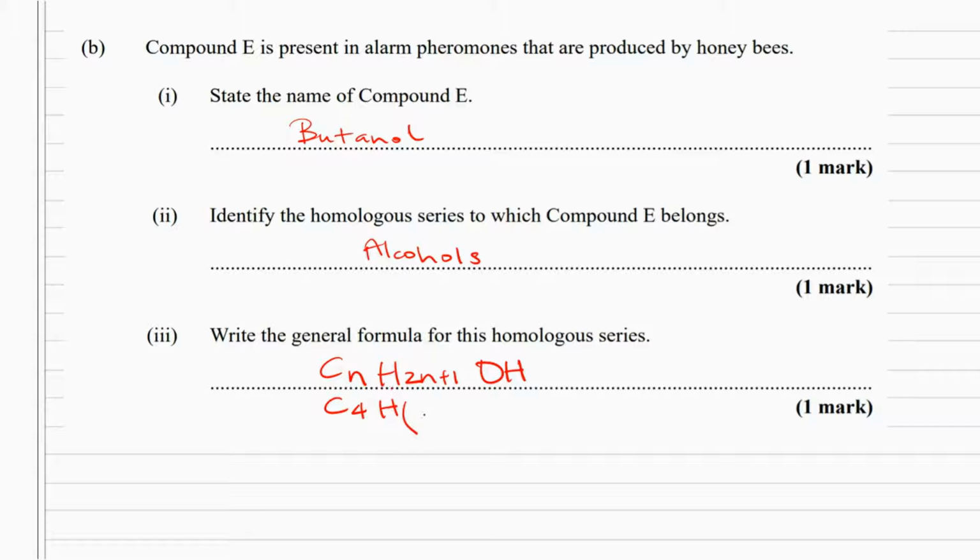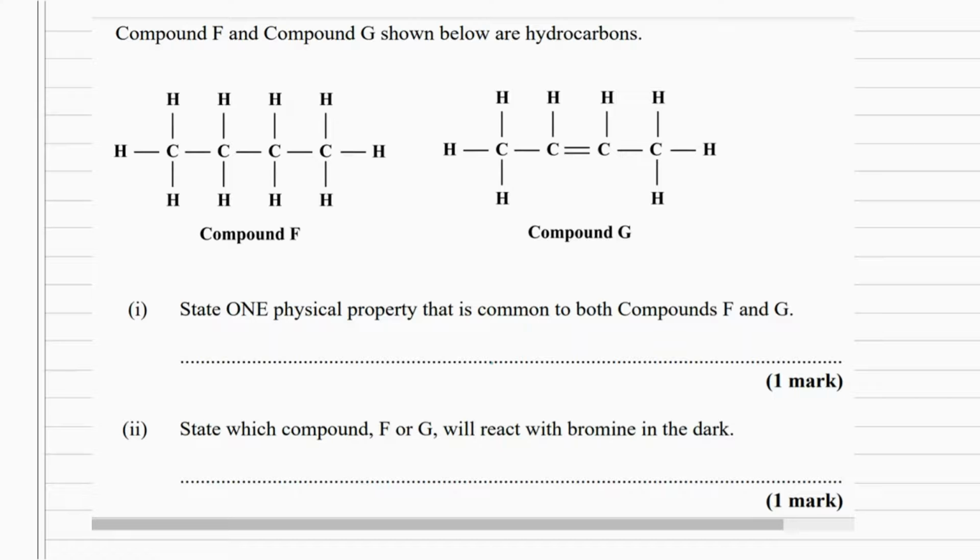The number of hydrogen atoms would be 2 times 4, right, plus 1, and OH. So it would be C4H9OH, and that would be the formula for butanol. That's your 1 mark. Simple.